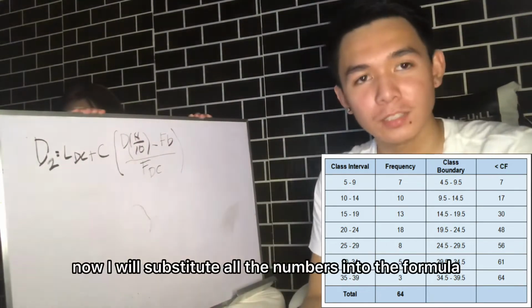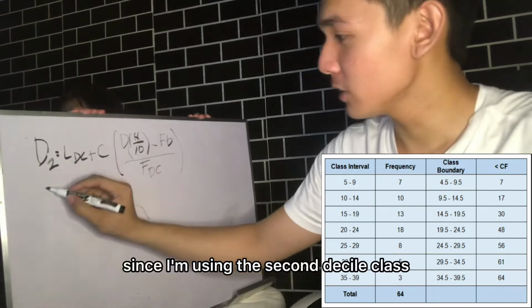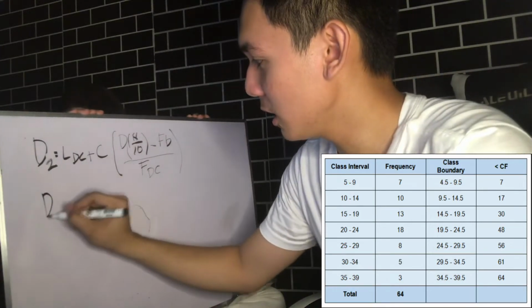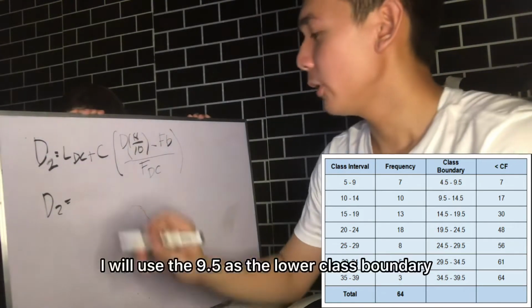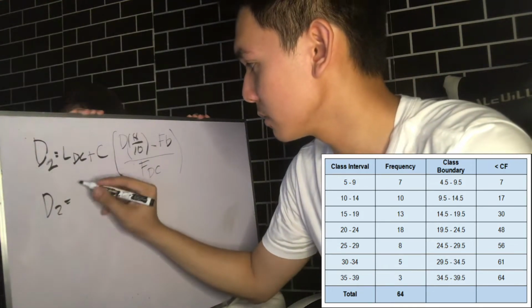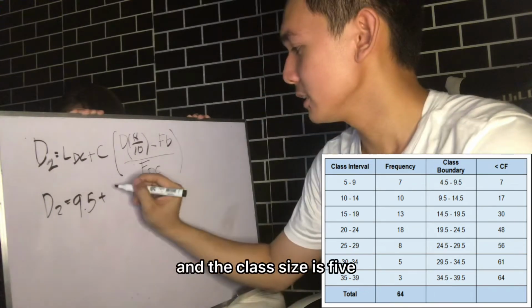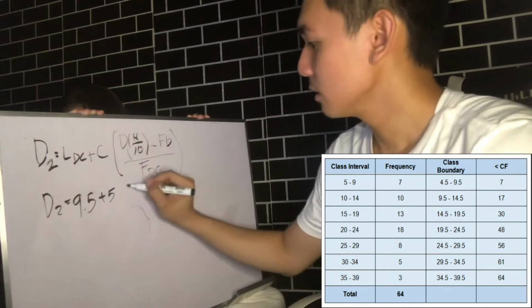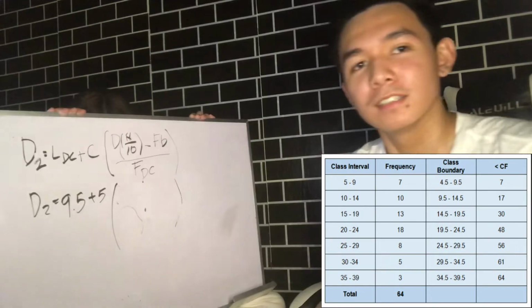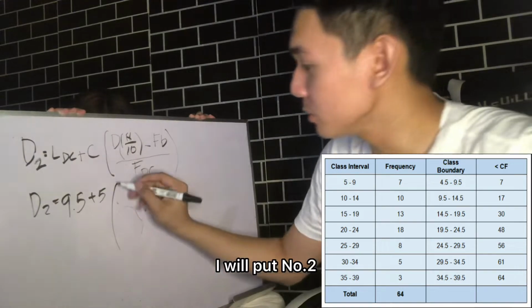So now, I will substitute all the numbers into the formula. Since I'm using the second decile class, I will use the 9.5 as the lower class boundary. And the class size is 5. Then, quantity. Since I'm finding the second decile class, I will put number 2.